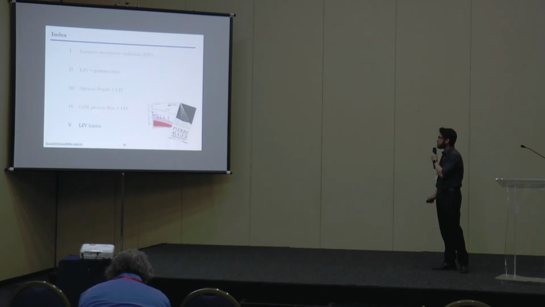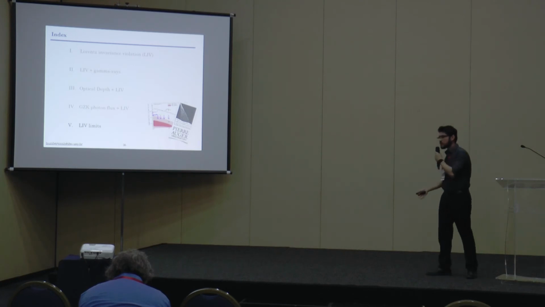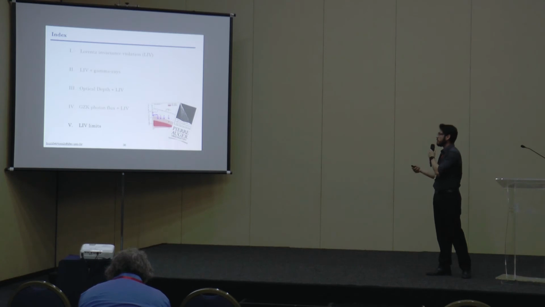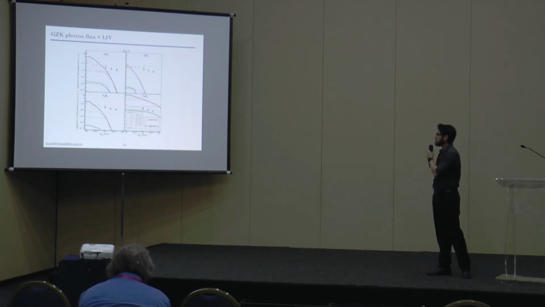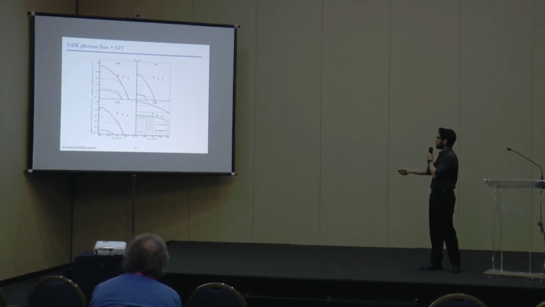Now that we have a prediction of the GZK photon flux including LIV, we can go to the experiment and say if they are compatible, if there are some signatures, or if we can constrain the Lorentz invariance violation model. Here is our result for the scenario n equals 1. Here are the R5 source distribution scenario for the 4 different injection models.